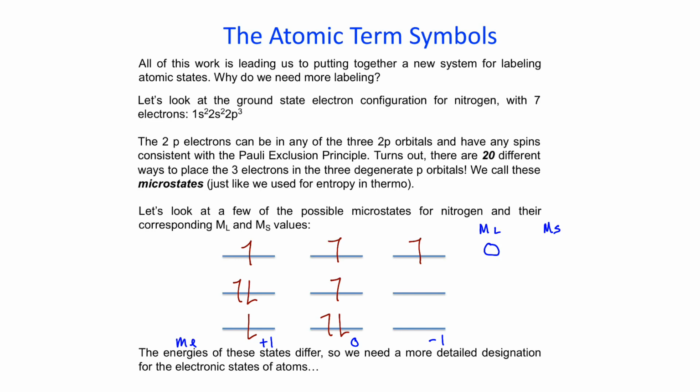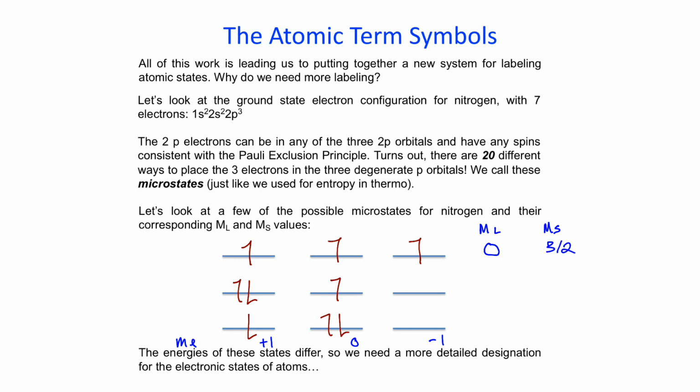And then likewise for the big M sub S, we're going to add up all of the little m sub s's. So add up all the little spin quantum numbers. It's a spin up +1/2, another spin up +1/2, another spin up +1/2. Three times 1/2 gives us an M sub S of 3/2.